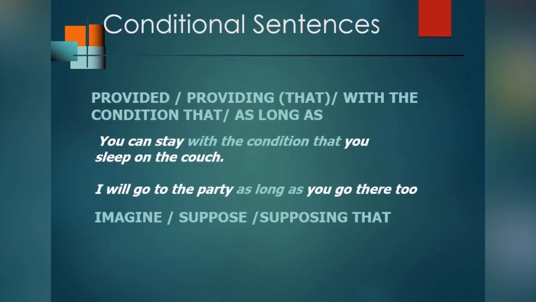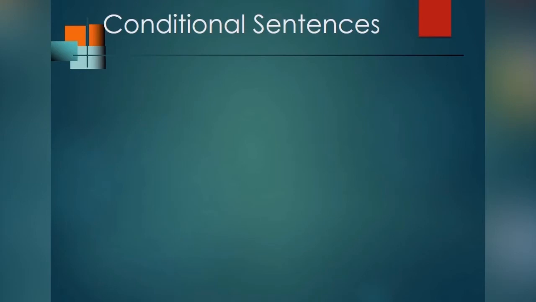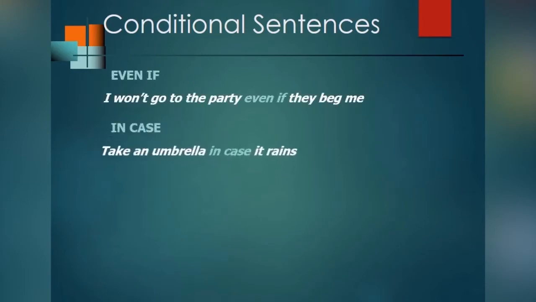Other alternatives to if are provided that, with the condition that and as long as. You can place any of these in this structure, and all of them will be replacing if. Something similar are imagine, suppose, and supposing that. Even if is another possibility. In case is another possibility.